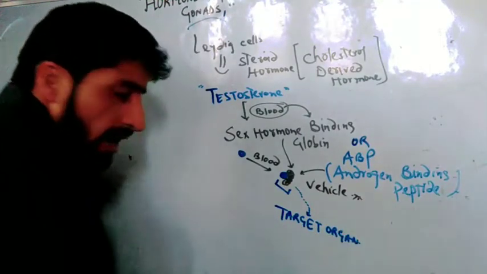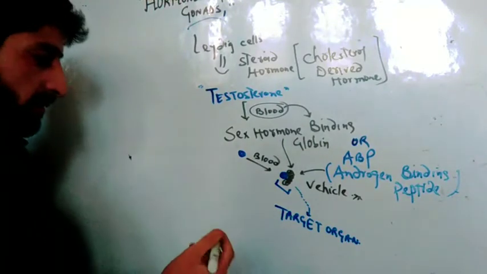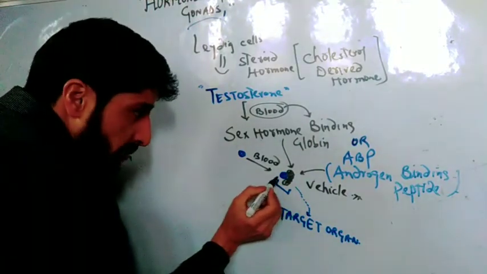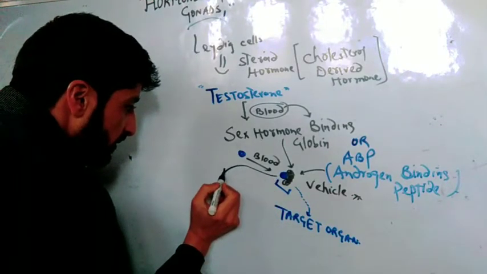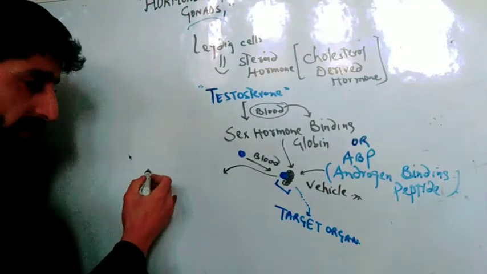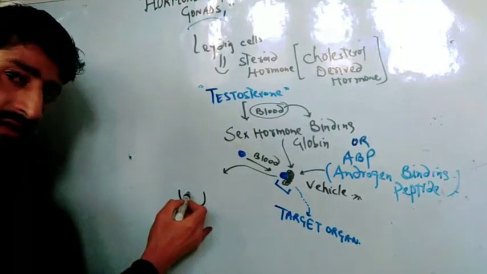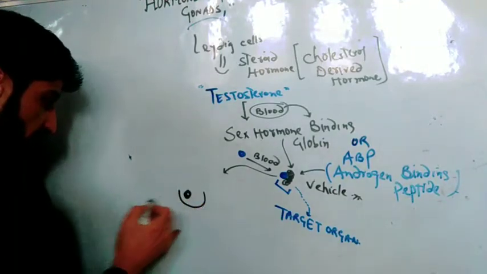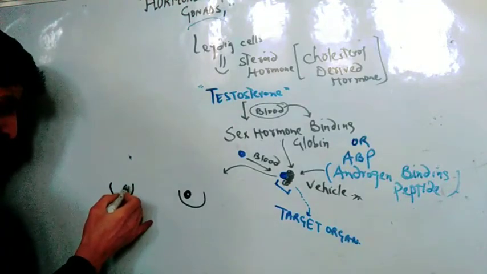Now, have a kind focus, please. Let us suppose the target organ here is... let me draw one special structure first of all. Let us suppose I am going to draw a diagram for the male reproductive system.